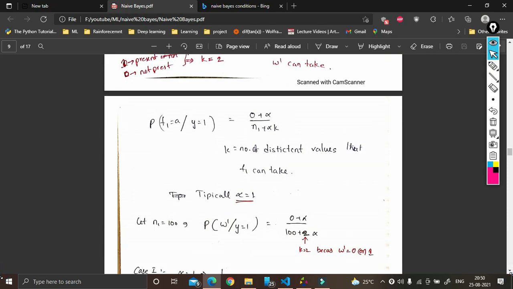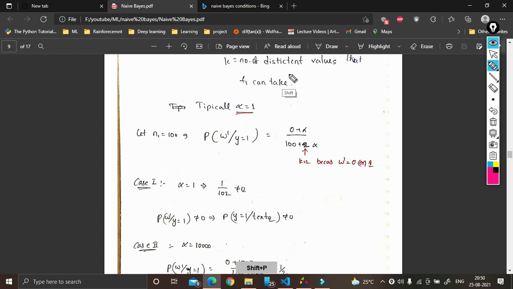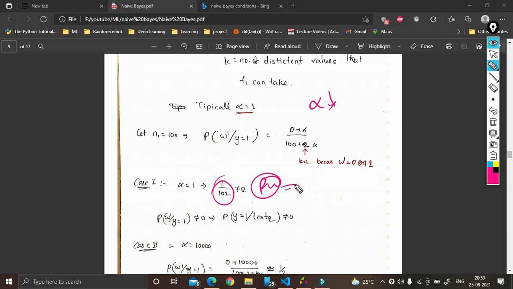What if alpha equals 1? When alpha is considered as 1, that is a very low value, and we will get very low probabilities, which means the model is going to overfit. That is a problem.